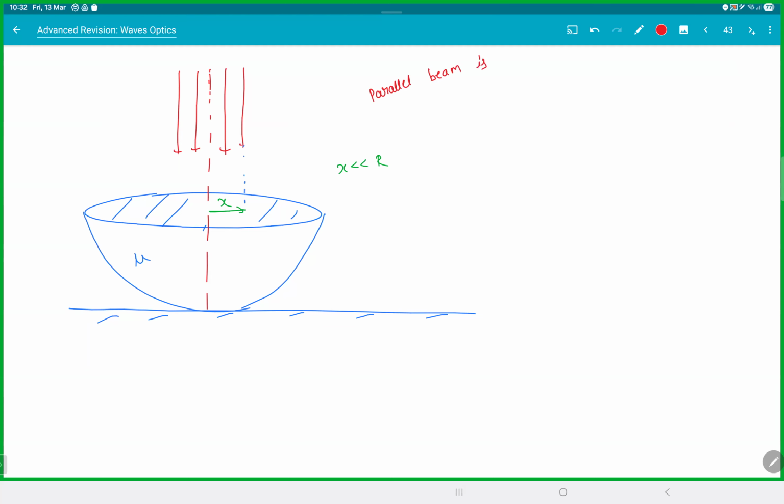So a parallel beam is incident. This is also a kind of mirror thing. Along the center, very close to it. The main idea is somehow to get the path difference.